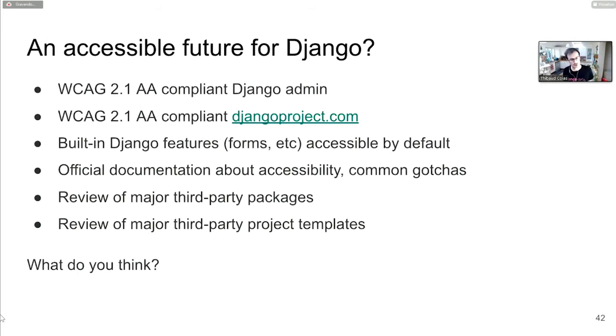Things that could involve, well, obviously making the Django admin WCAG compliant, making the Django docs and website WCAG compliant, having Django features that you use to build your sites be compliant by default as well, better documentation, and so on. There really is lots of room for improvements, if I'm honest. So yeah, worth being involved in those conversations and providing your feedback on these.